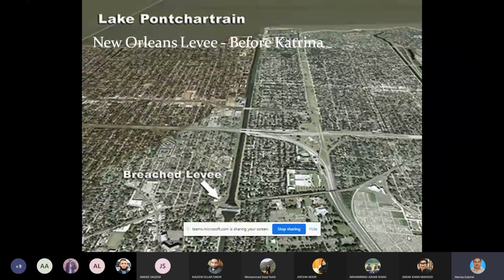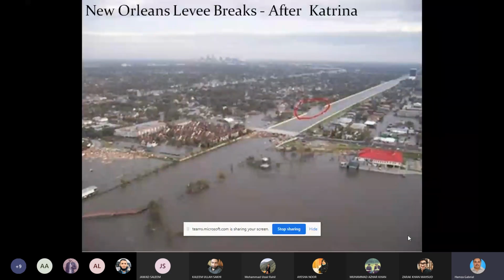the Katrina, you see the levees were not damaged, but after the Katrina hurricane, there was a breach in the levee, and you can see in the next photograph that the breaching of this man-made levee resulted in the flooding of the adjacent areas of New Orleans.